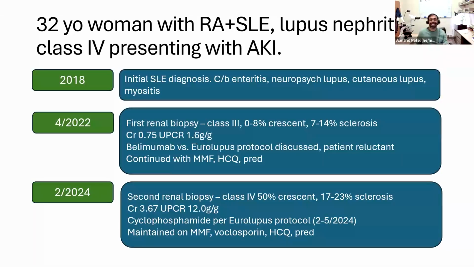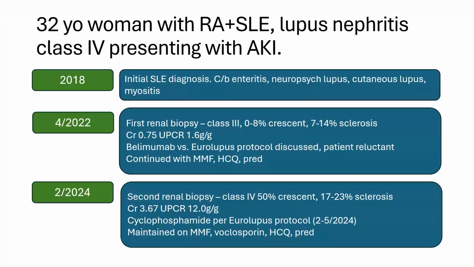Okay, so we have a 32-year-old woman who has had a long history of lupus, which is rheumatoid arthritis and systemic lupus, and she's had lupus nephritis class 4, and she presented to our hospital with oliguric AKI in March. Briefly, she was initially diagnosed with lupus in 2018 and has had many complications from her lupus.